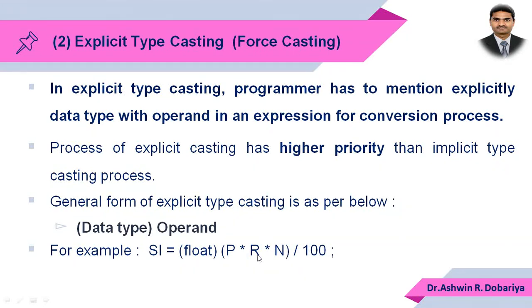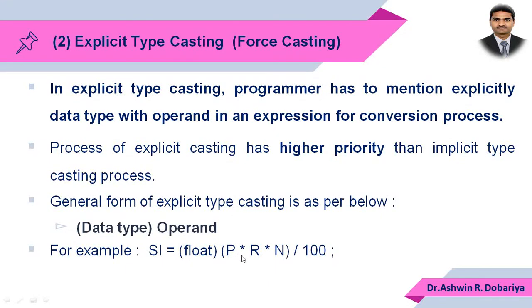All 4 are integers, so whatever output is generated will be an integer. So it will not be a perfect simple interest. So here we can convert to float. Here it is the explicit typecasting. So whatever the output of this PRN multiplication is will first be converted into float. So suppose this is 5000.